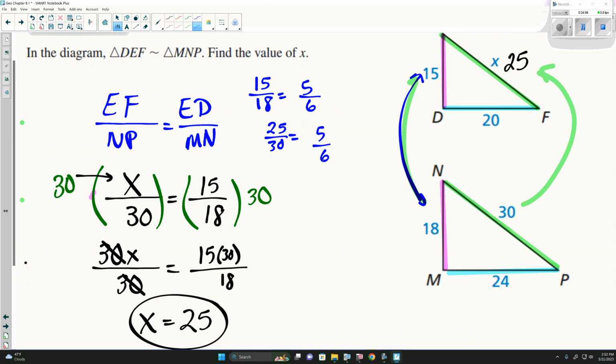And even though we didn't use this, 20 over 24 is also going to be 5/6. Questions over any of these here?